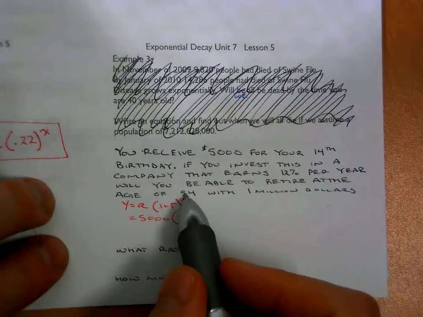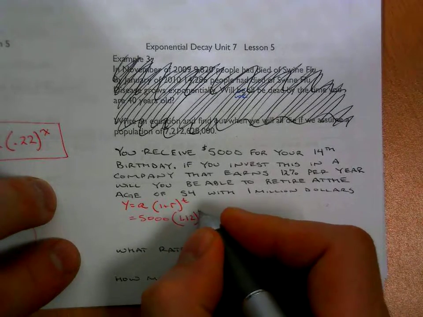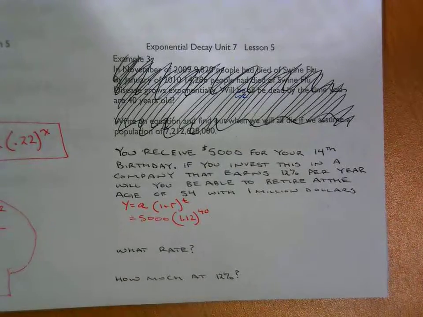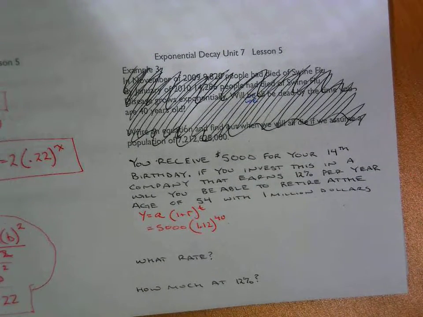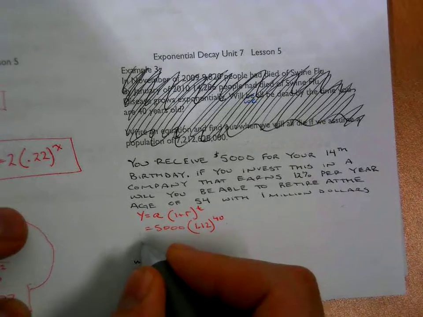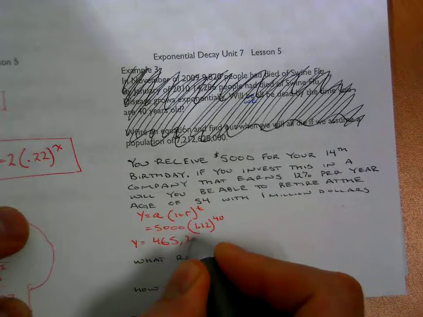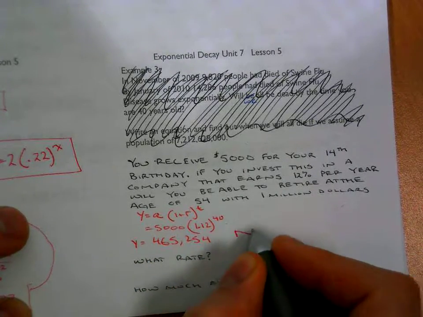And until you're 54 years, well, that would be 40 years. Feel free to use your calculator at this point. So we've got 5,000 times 1.12 to the 40th power. And although it's a lot of money, we have y equals 465,254. It is not $1 million.